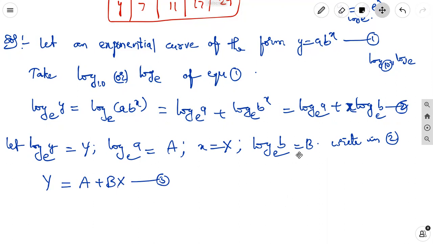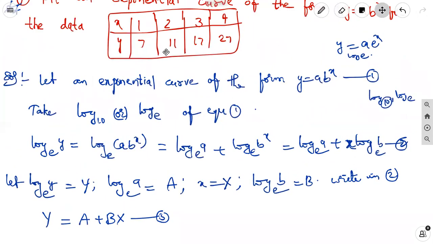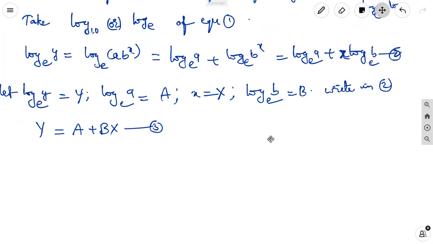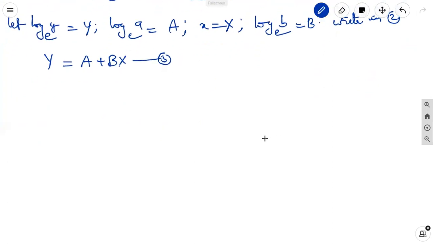It is equation 3. Here, how many data points are there? 1, 2, 3, 4. So n is equal to 4.